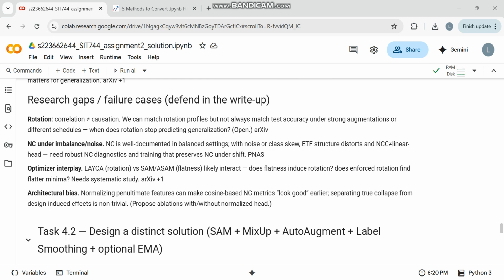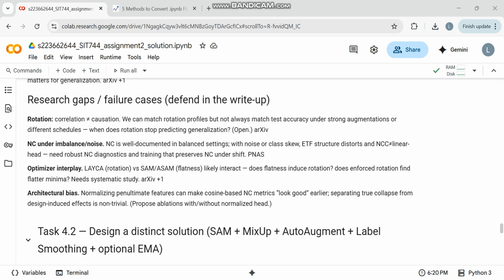Control imbalance and noise, in addition to de-weighting with robust losses, to preserve NC. Third, architectural bias: L2 normalization of penultimate features can make cosine geometry look too good. Ablate normalized versus unnormalized heads and measure NC1 and NCC changes.